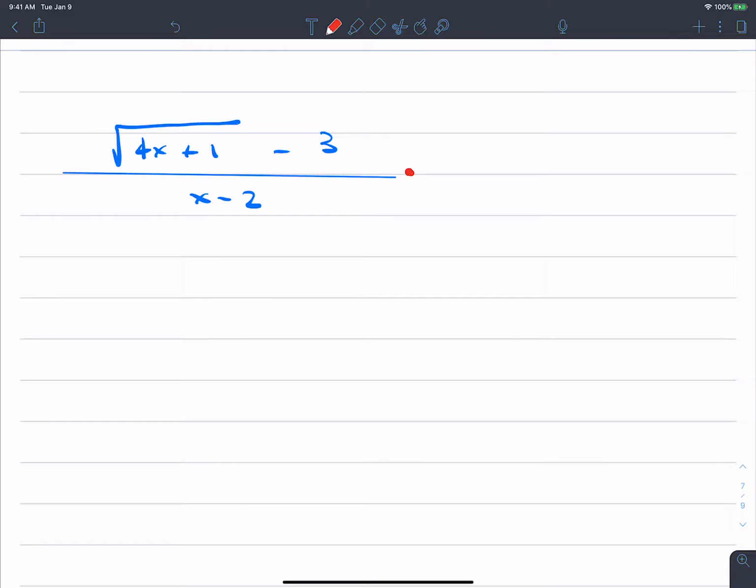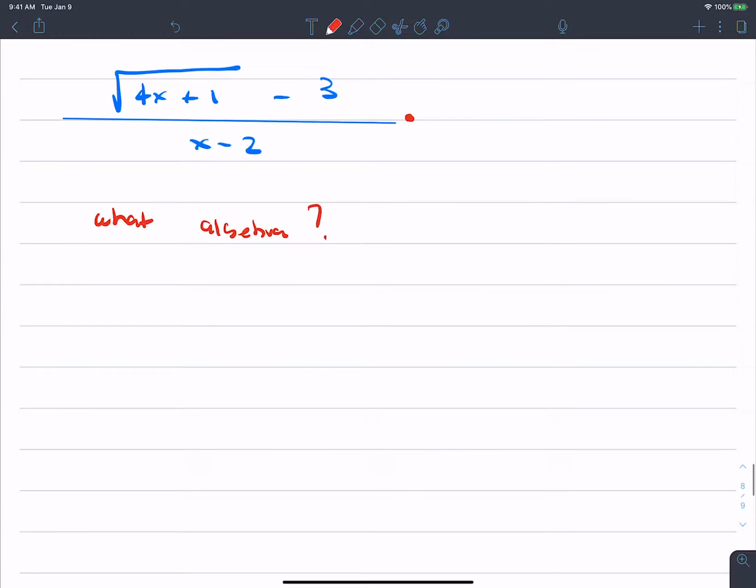So when you say, what algebra do I use? I'm going to say, pay close attention here that you have a radical here. Here's the key. You have a radical. Now, I know in intermediate algebra, there's a concept known as rationalize the denominator, meaning get rid of the radical in the denominator. And then in pre-calculus, you have rationalize the numerator.